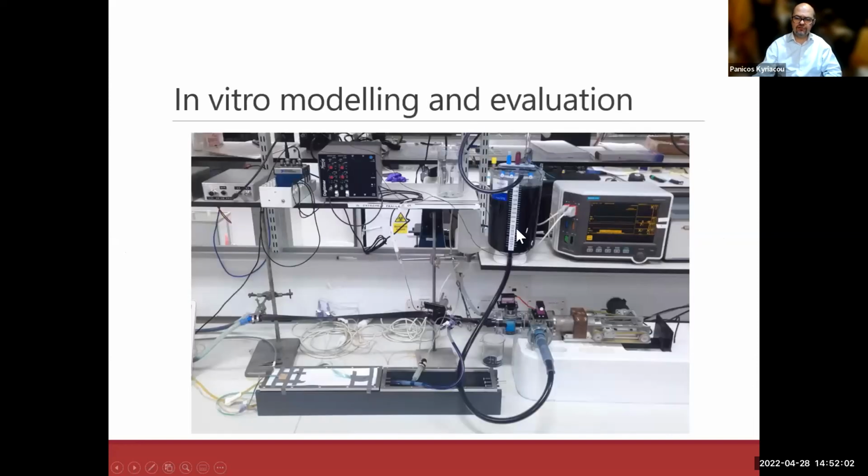And this is a photograph of the phantom technology with all the connections around the pulsatile pump. Here we have the compartment representing the scalp, the optical sensor on top, and we're driving this pulsatile pump, and we can change the intracranial pressure within this compartment.